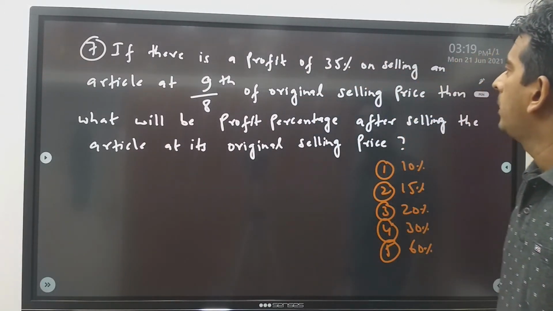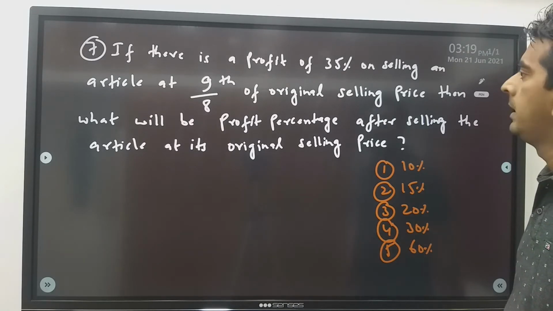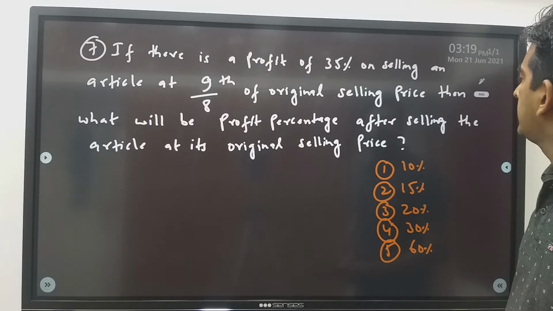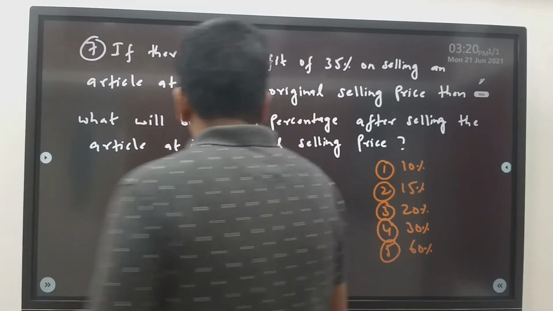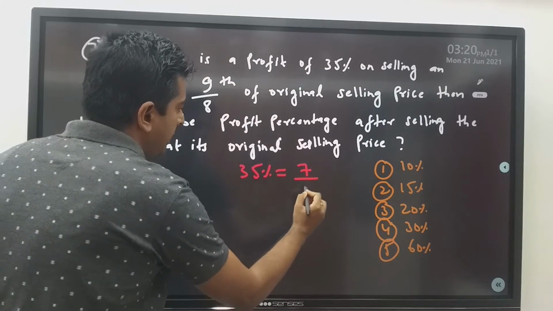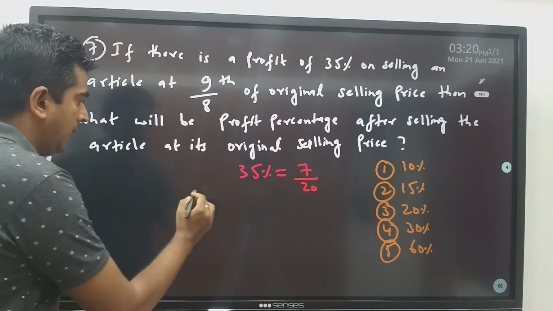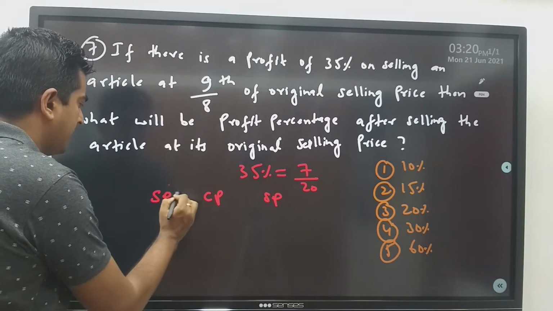If there is a profit of 35% on selling an article at 9 by 8 of the original selling price, then what will be the profit percentage after selling the article at its original selling price? Right? So 35%, what is the fraction value? 7 by 20. Now I am writing here CP, SP, and SP star.